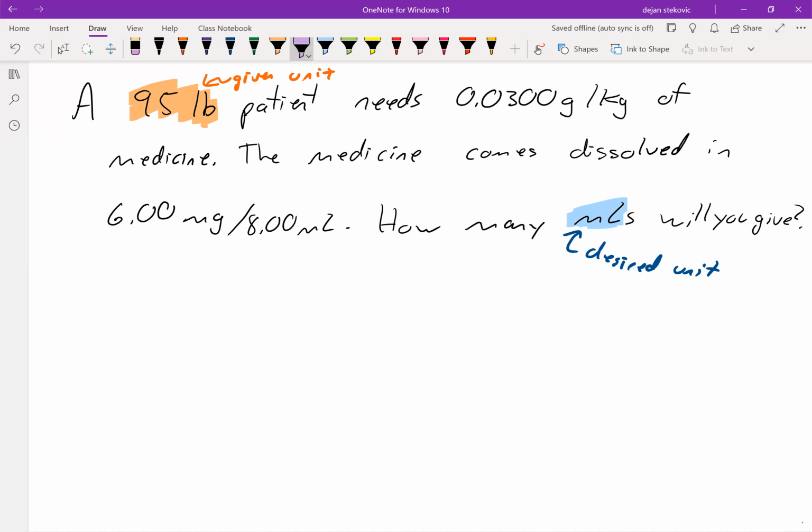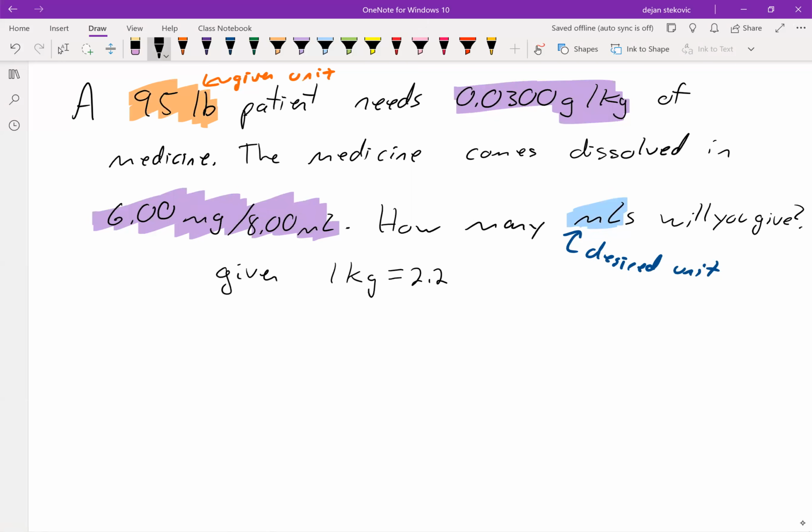And then we have a whole bunch of other conversion units, right? We have 0.0300 grams per kilogram. And then we have the 6.00 milligrams divided by 8.00 milliliters. And then I also give you one more thing, given that we're going to say 1 kilogram is equal to 2.2 pounds, right? So just another unit conversion given.